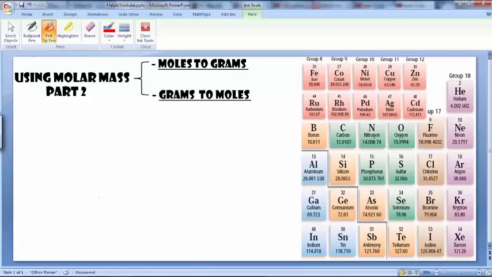So let's see. Let's use a rather large number. Let's go with 1,245 grams of Al2(CO3)3.